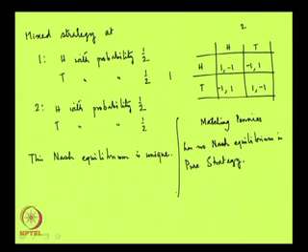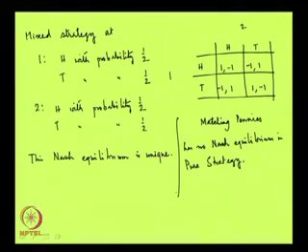Now, to prove the first part, that this is a Nash equilibrium, what we need to do is that, given that, for example, player 2 is playing H with half and T with half, we are going to show that player 1's playing H with probability half and playing T with probability half is optimal. And similarly, given player 1 is playing H and T with half half, we are going to show that player 2's choice of probabilities, that is half and half, is optimal. If we can show that, then we have shown that this is a Nash equilibrium.